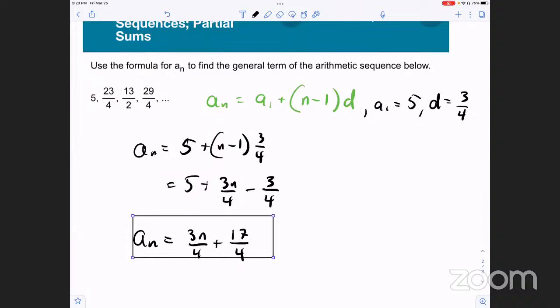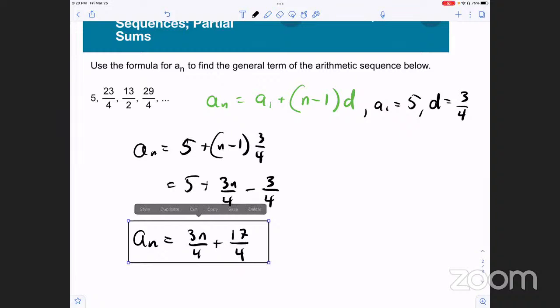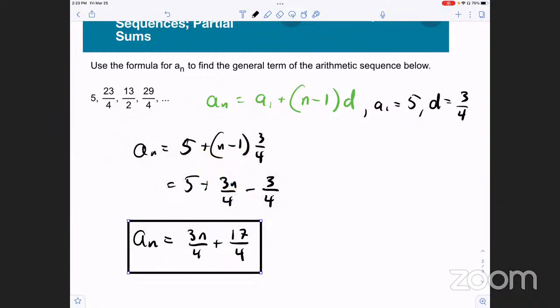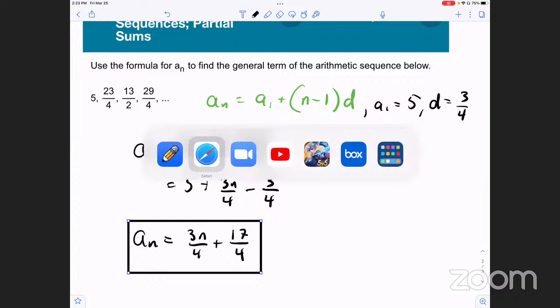Confirm that this works. So we get 3n over 4 plus 17 over 4.